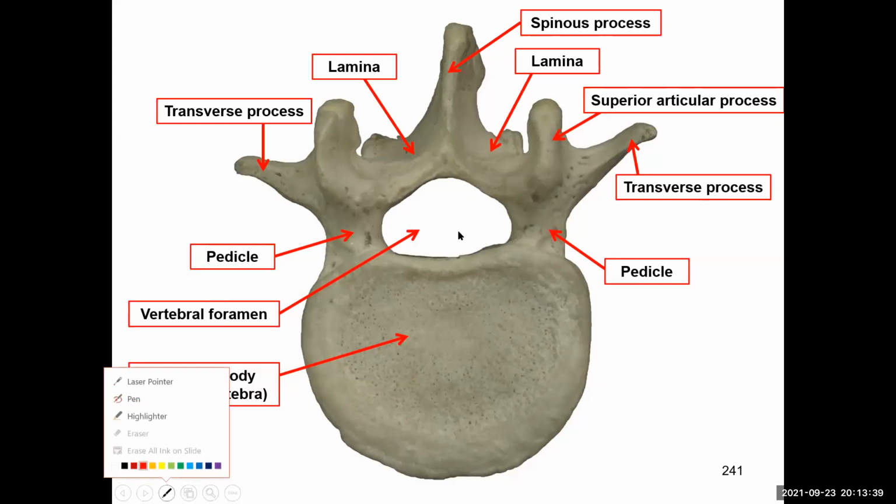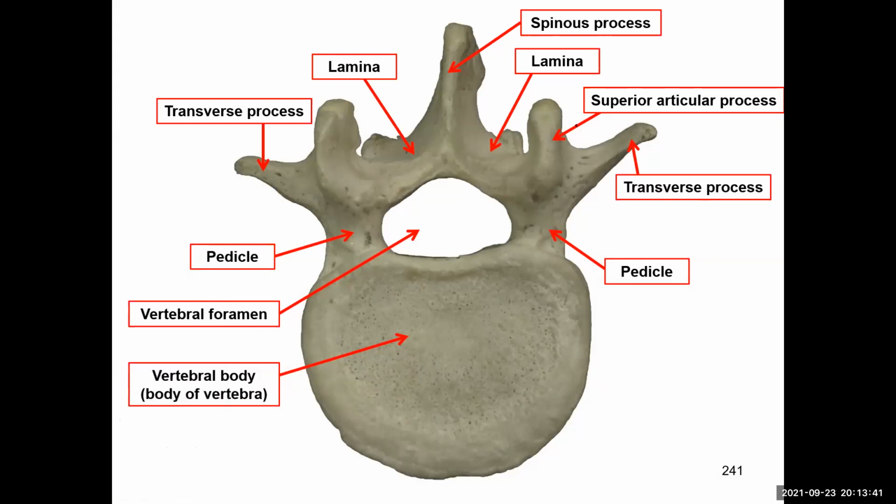We've added something. All right, right here, superior articular process. That's this whole structure, this whole bony projection. And it's coming off of the top of the vertebrae, so it's superior. So, superior articular process.